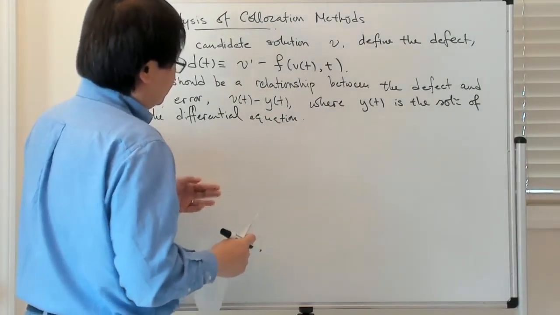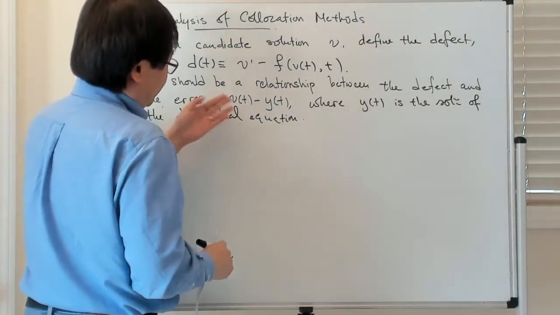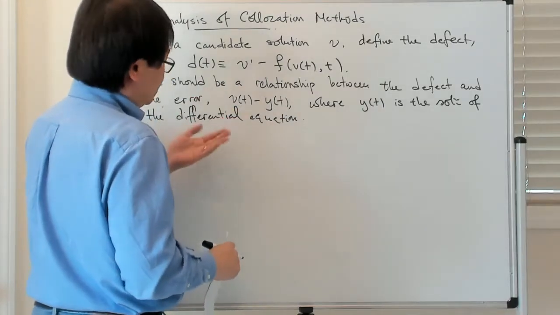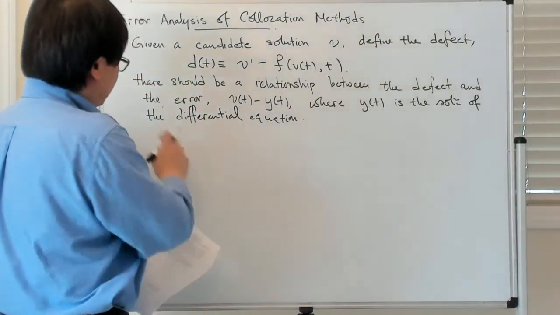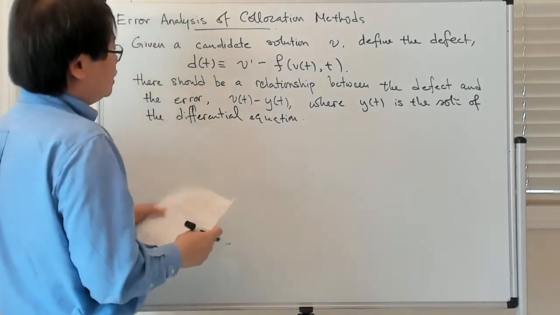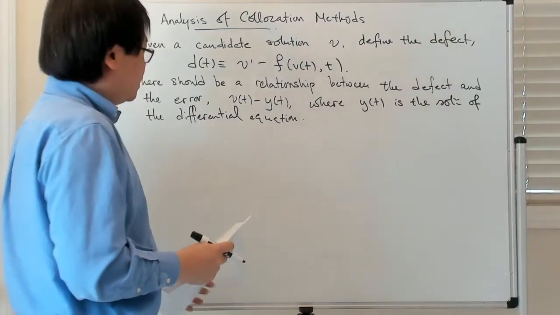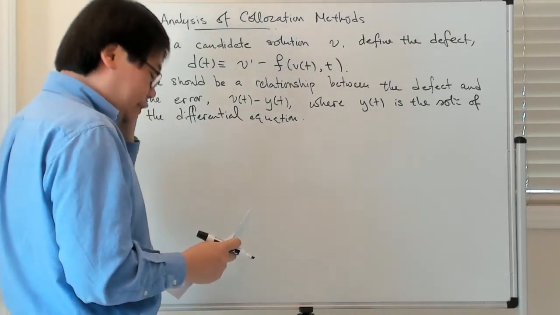And in particular, of course, if we had chosen V to be the exact solution, then the defect would be identically 0. And so again, we want to be able to say to some extent that if you have a small defect, then there is somehow a small error as well.